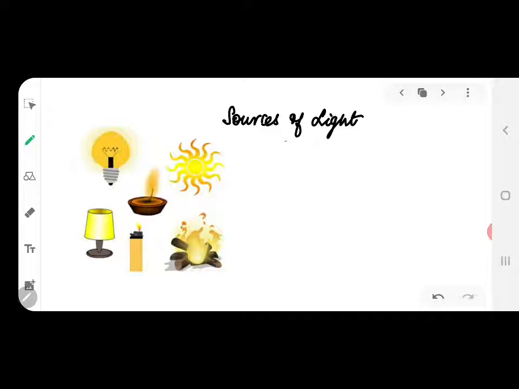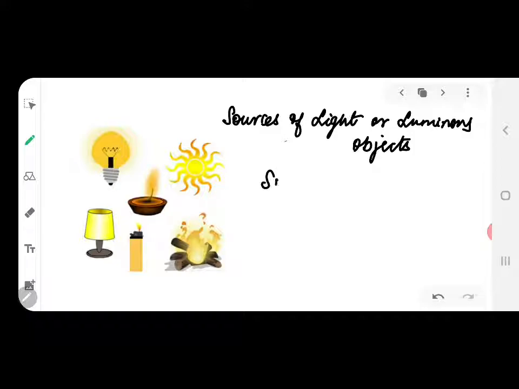Objects which themselves emit light are known as the sources of light or luminous objects.